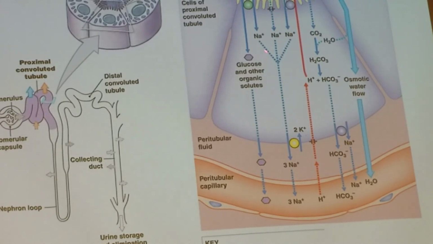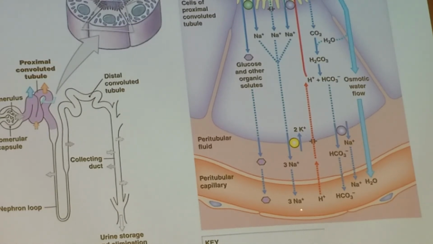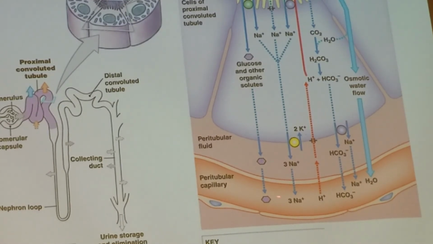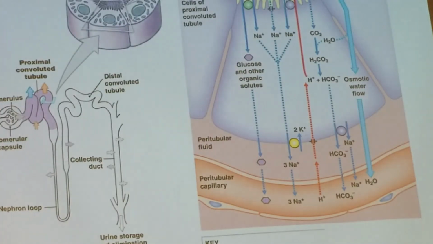Here's a bigger diagram of it. You can see the microvilli. That's the apical side of the cell. There's the filtrate fluid. There's my peritubular capillaries. So this capillary here is that capillary up there. Let's focus on the very top here, where we have sodium coming in right through here.